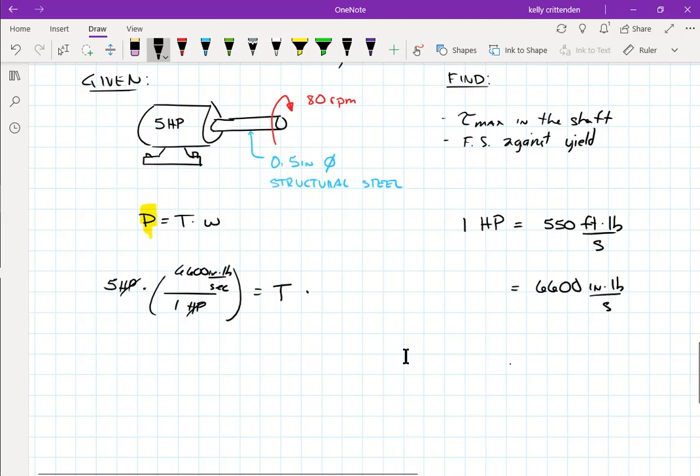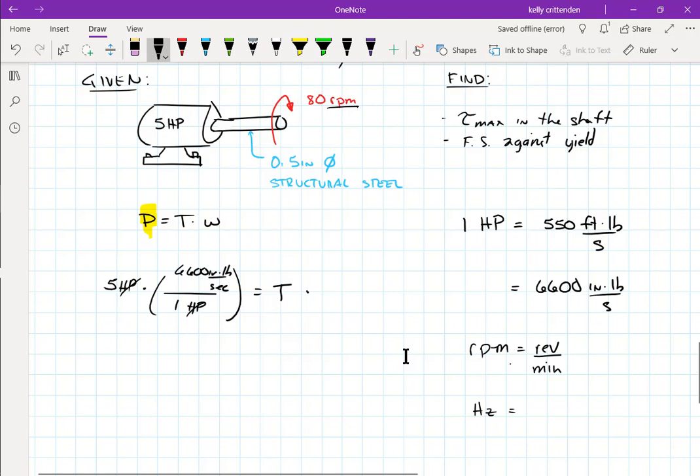We do know the speed, but this speed is given in RPM, a revolution per minute. That's a kind of universal speed, but it occurs more often in US units. You'll see Hertz, Hz, more often in the SI system when you're talking about speed.